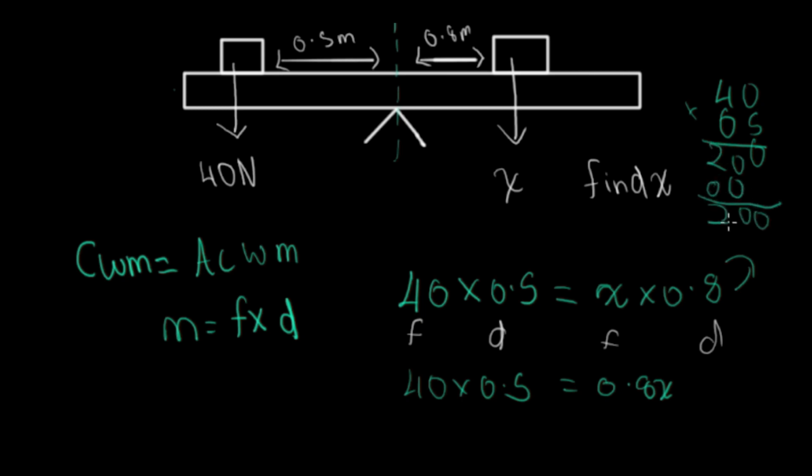Because of the one decimal point, you get 20. So it's 20 is equal to 0.8x.